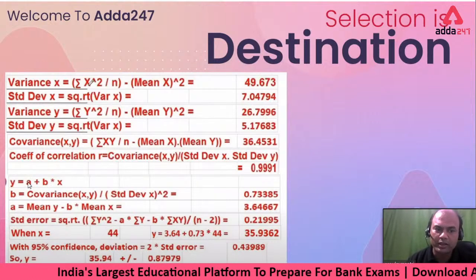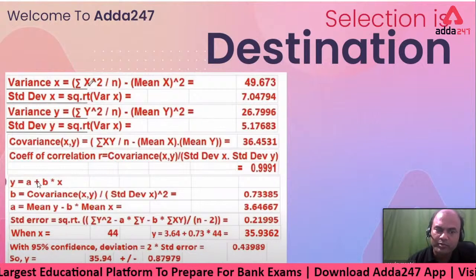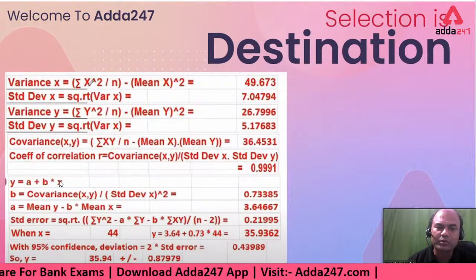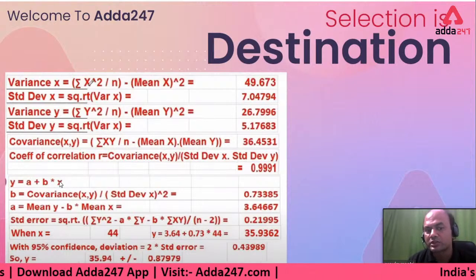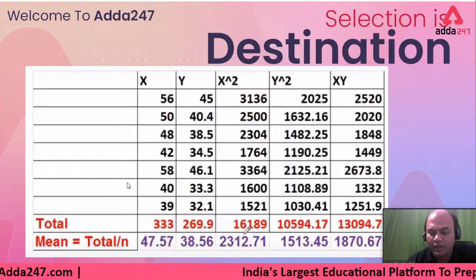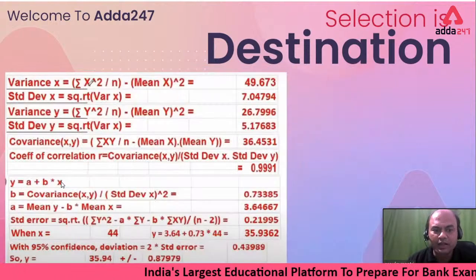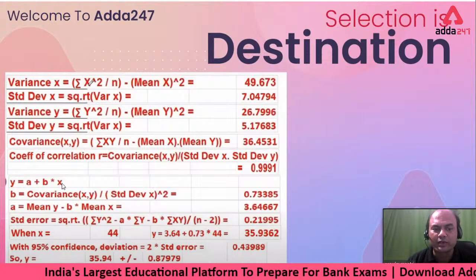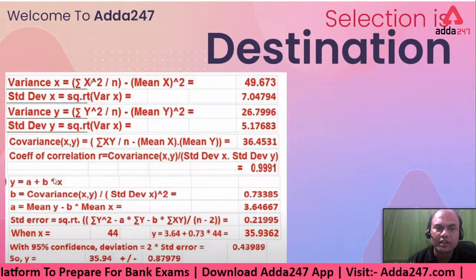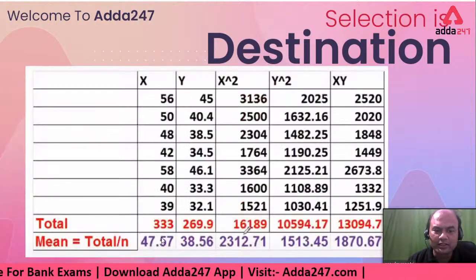Now I've got b. Now what do I have to find out? A. How to find out a? I know b now. Instead of x and y, I'll put some constant values. What are the constant values? This x bar and y bar, which are the means. If I input the means, these are basically numbers.